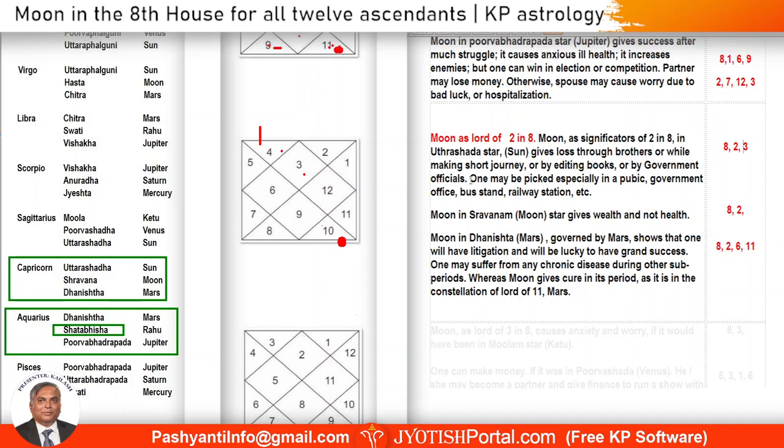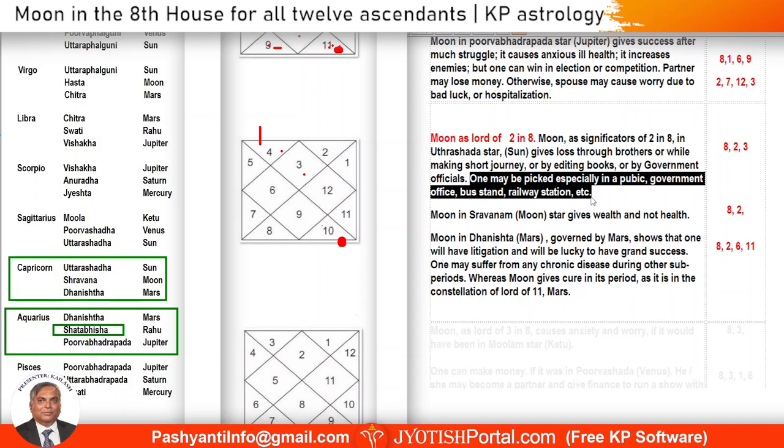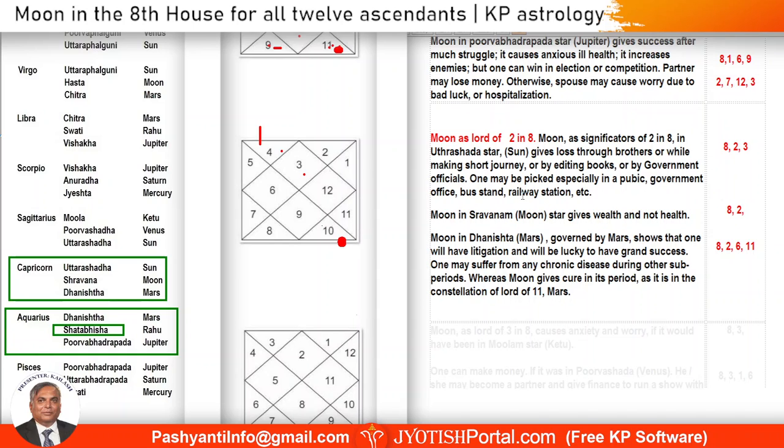And then if you read these lines, he says one may be picked especially in a public government office, bus stand, railway station. For this you need, I would say, a high degree of imagination, the one that Sri KSK has. So this is not something like a yoga.